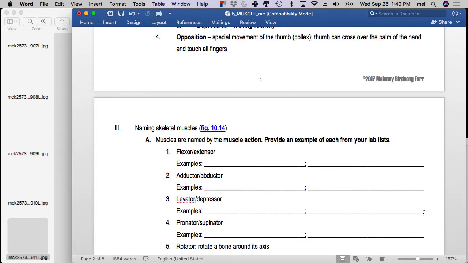So looking at the name of the extensor carpi radialis brevis, you can know a lot about where this muscle is and what it does. Yes? It's an extensor. Where should I look for it? Posterior surface. It's an extensor carpi. Posterior surface crossing the carpal bones. It's called radialis. Which side of the joint do I look for it?